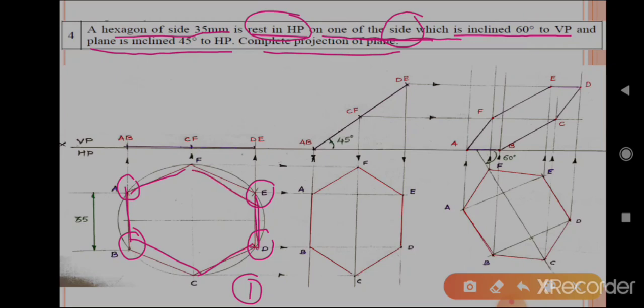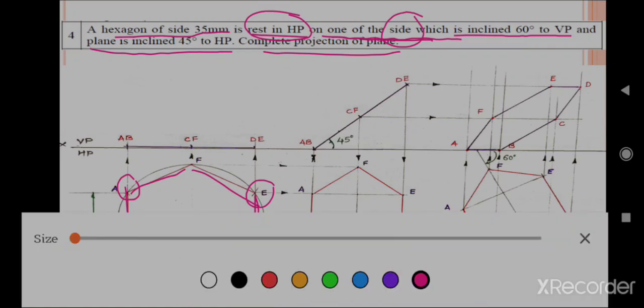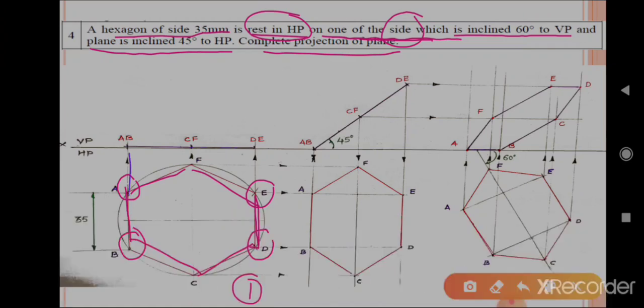After completion of the hexagon, take the vertical projection lines, mark the points AB, CF and DE. Point AB lies on the same point in the front view, CF lies on the same point and DE lies on the same point, and connect it with a straight line.